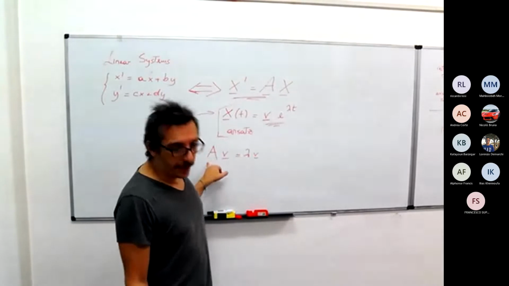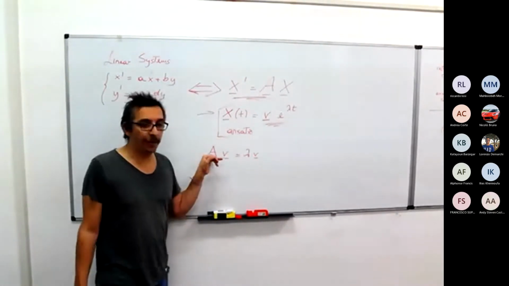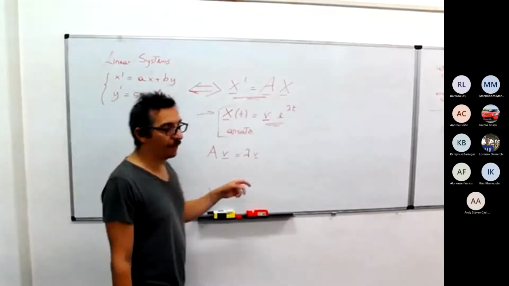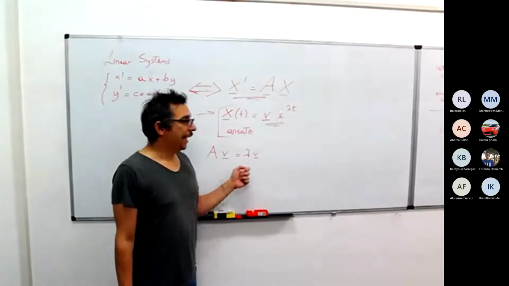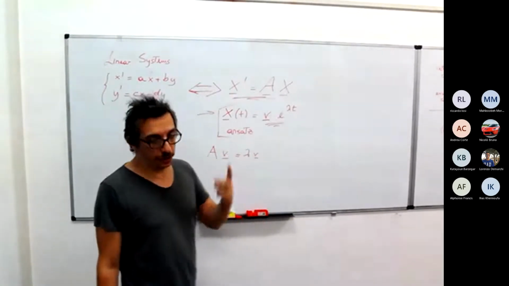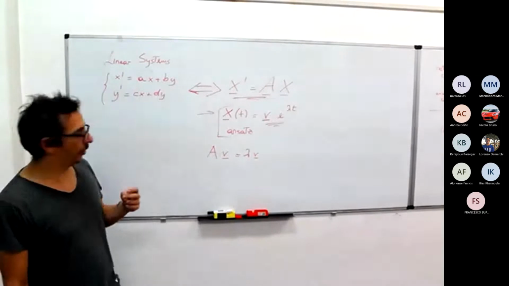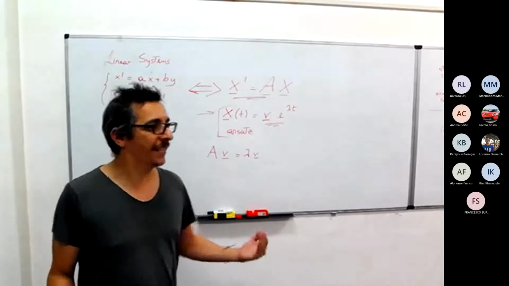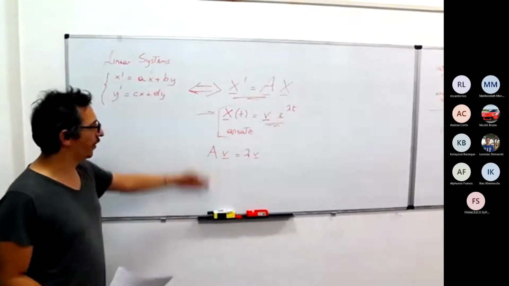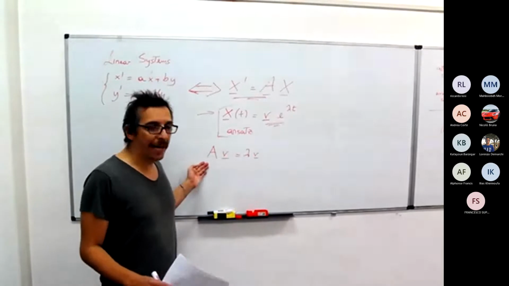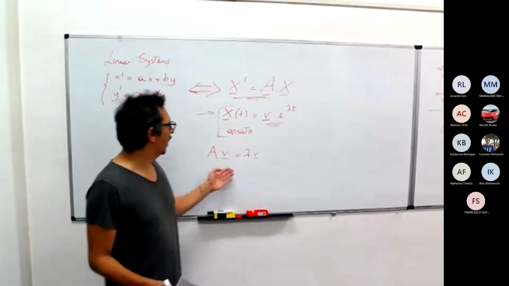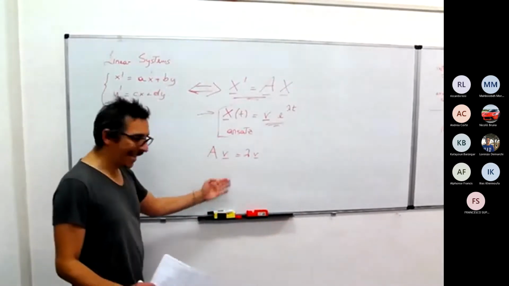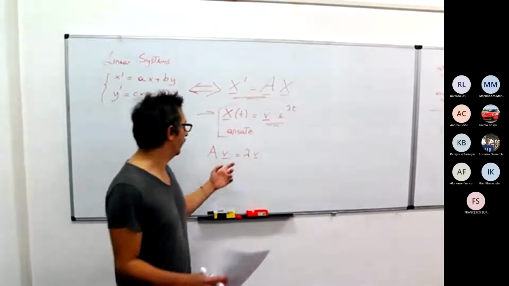And we know from linear algebra that a 2x2 matrix can have at most two distinct eigenvalues, lambda 1 and lambda 2, and can have at most two linearly independent eigenvectors v1 and v2 corresponding to lambda 1 and lambda 2. When I say we are lucky, it's because if you have an n by n matrix, then you can have at most n distinct eigenvalues and at most n linearly independent eigenvectors.